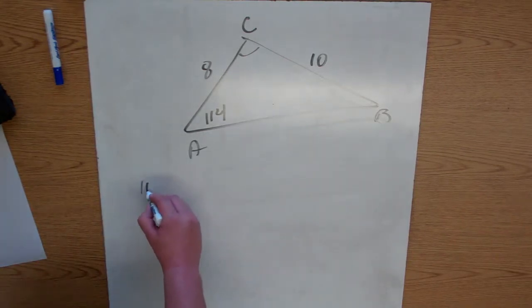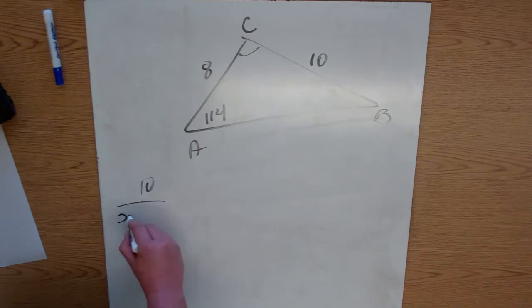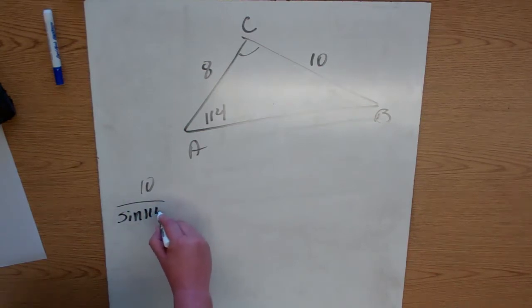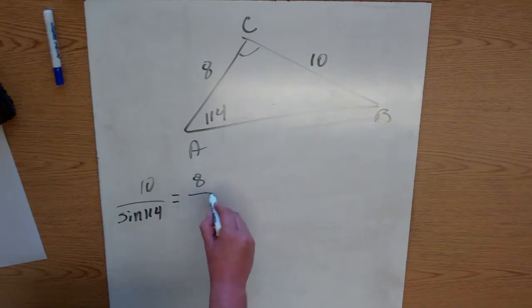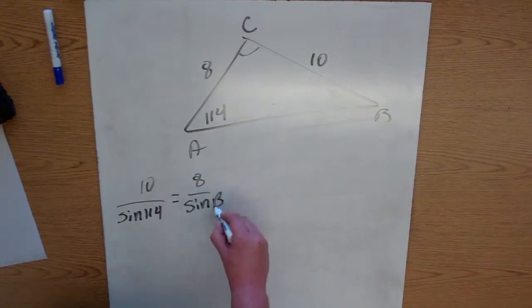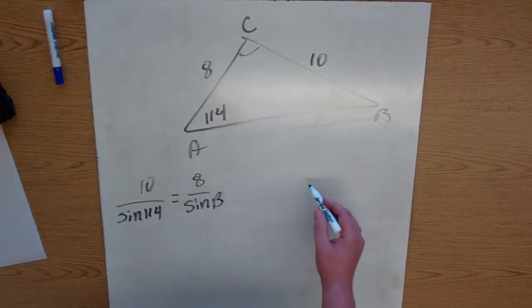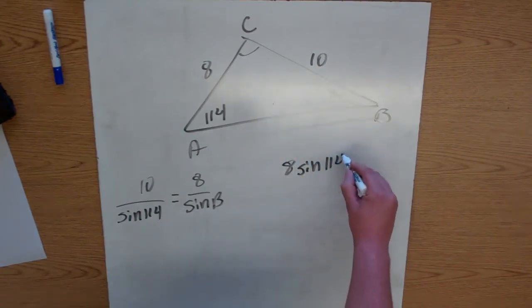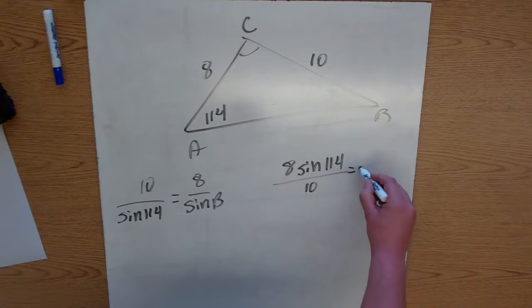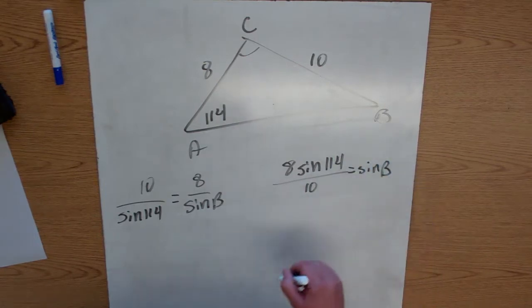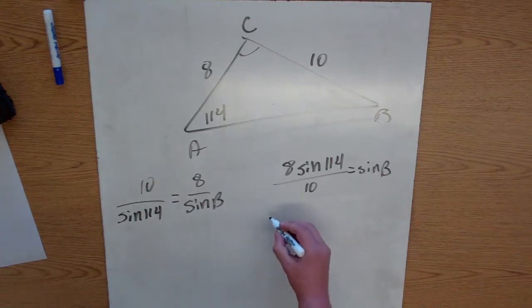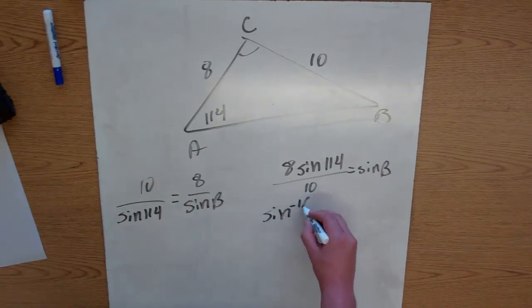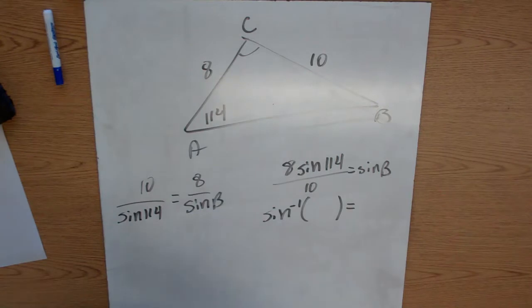So we know that 10 over the sine of 114 equals 8 over the sine of B. Okay, so cross multiply, 8 times the sine of 114 over 10 equals the sine of B. All right, so just punch that in and figure that out.